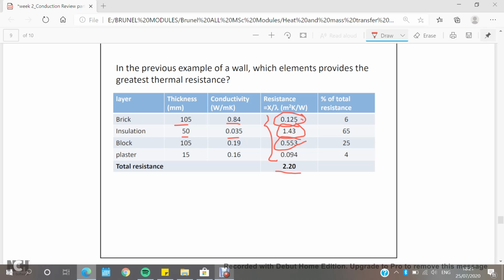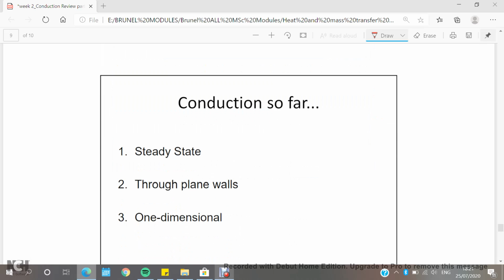If I divide each value by the total resistance, I get the percentage of how much each material plays a role in the total resistance. Here, for example, in this table we can see that the insulation has the highest resistance. That's why it's called insulation, to prevent any heat loss.